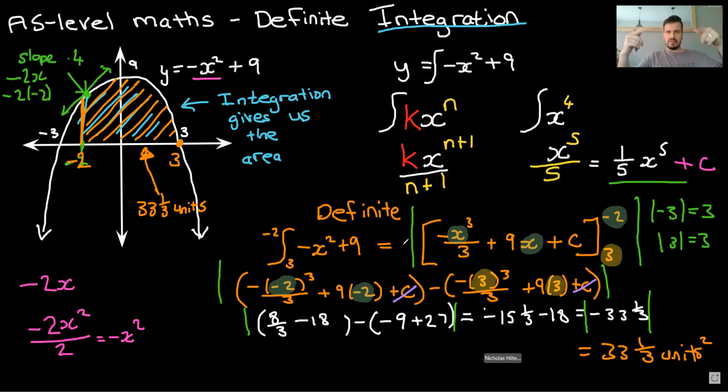You can't have the negative of a square, not in this mathematics yet anyway. So we solve that problem by putting these absolute value signs, saying whatever value I get, simply change the negative to a positive. Okay, so that's definite integration.